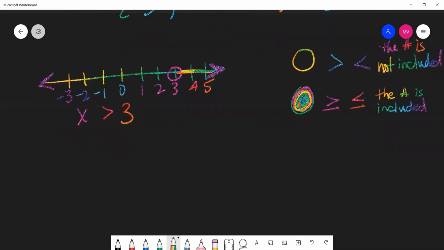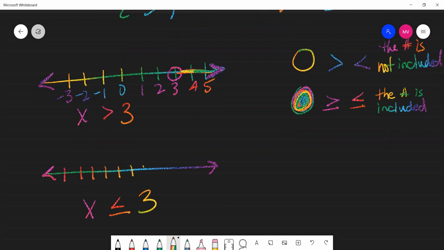So if I had x is less than or equal to 3, then you would have your number line. Well, I put so many on there, but whatever. 0, -1, -2.